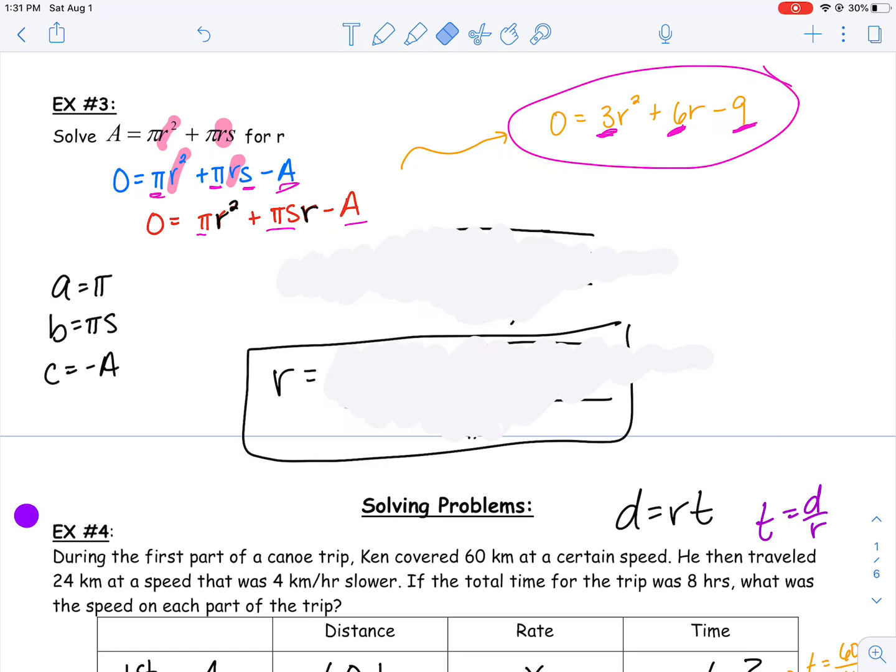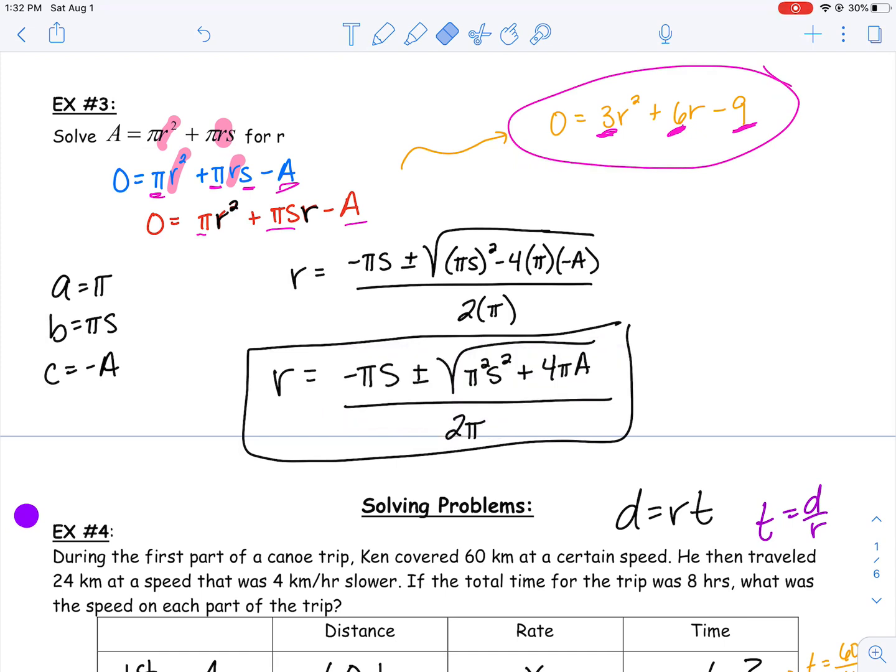So let's try that. I have r equals negative b, which is pi and s, plus or minus the square root of b squared minus 4 times a times c, all over 2 times a. And you notice I plugged in my coefficients for a, b, and c. Now, we can try to simplify a little bit, if at all possible.